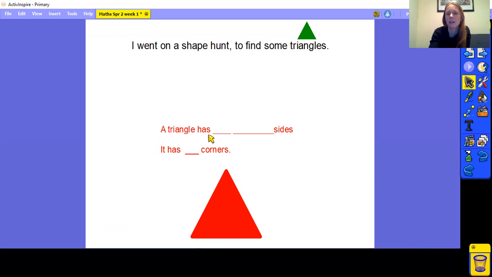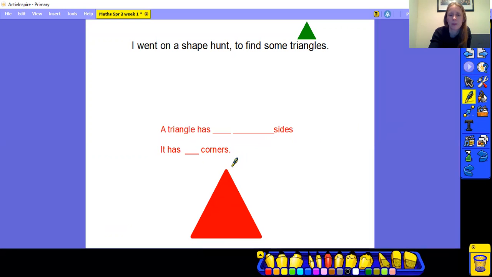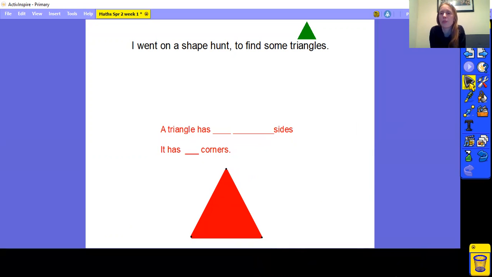So a triangle has 3 straight sides. How many corners does it have? Can you remember? Let's count them. 1, 2, 3. So a triangle also has 3 corners.